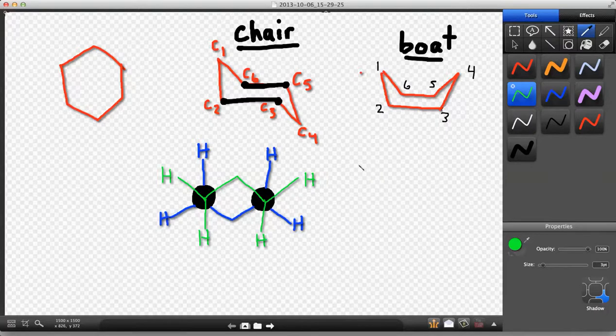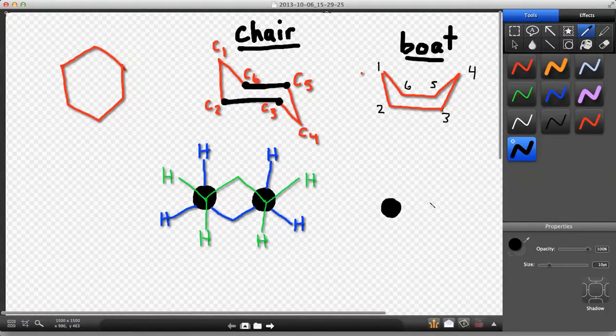So this is the Newman projection of the chair conformation of cyclohexane. Now, with the boat conformation, there will be some similarities. You're going to look down the C6, C5, and also the C2, C3.